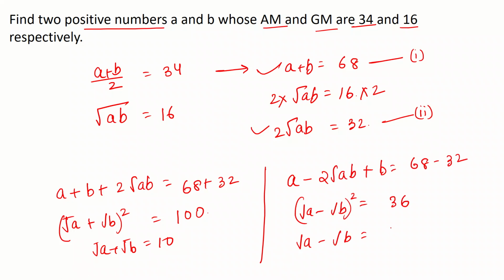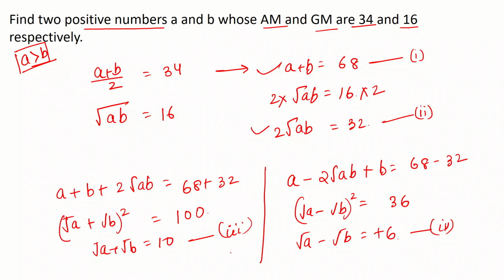So I have root a minus root b is equal to 6. This can be plus 6 or minus 6 depending upon which one is greater. Let's assume initially that a is greater than b. Let this be our assumption. So let's take plus 6 only, no problem. Now we have two new equations. Let's call this equation number 3 and this equation number 4.